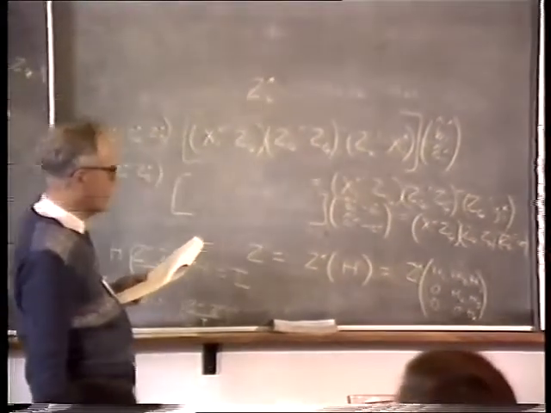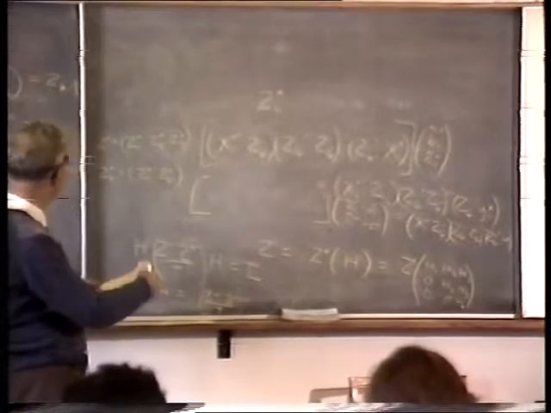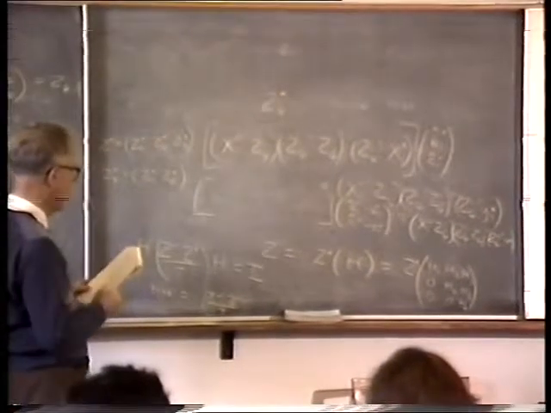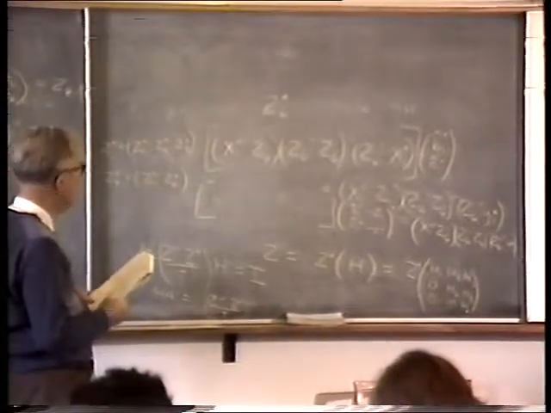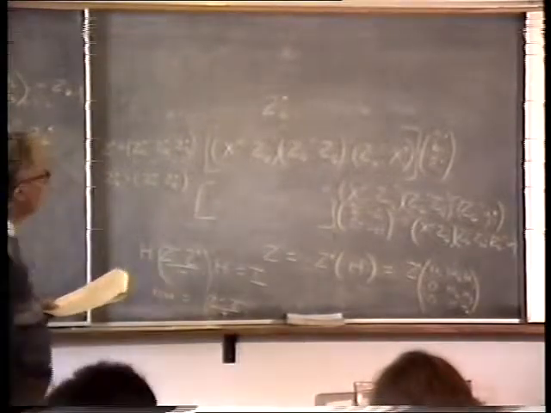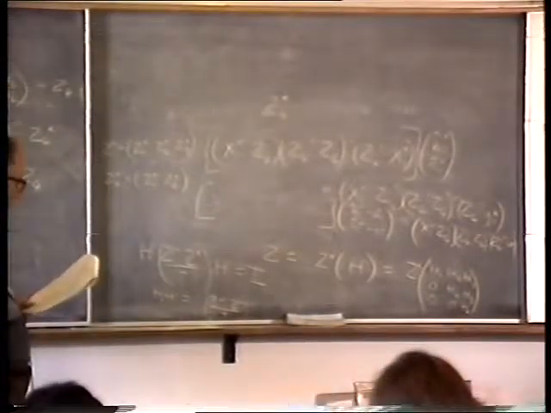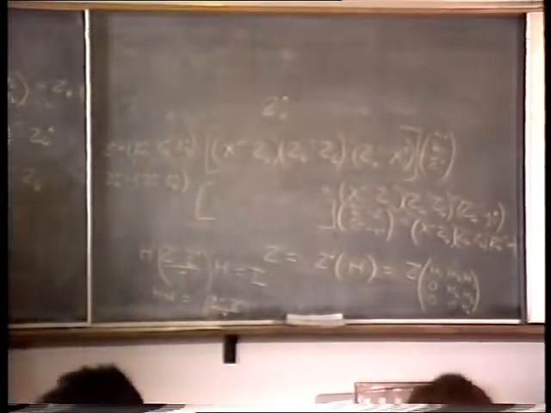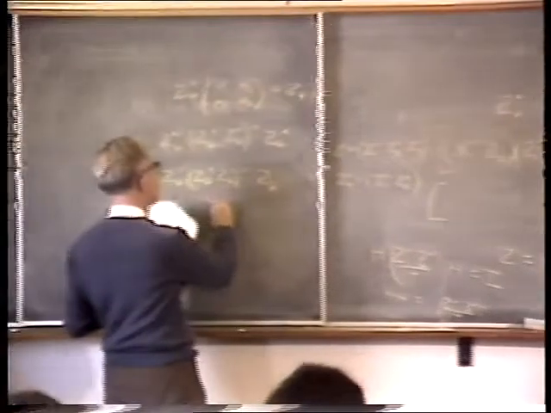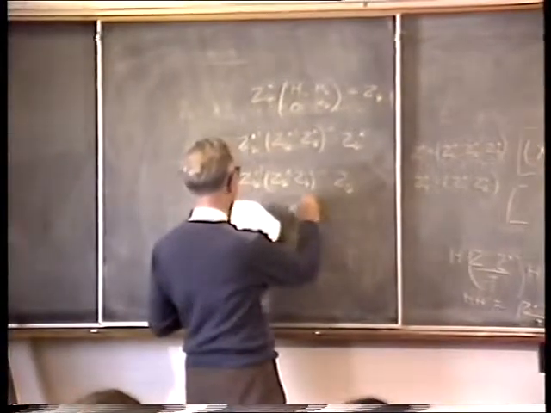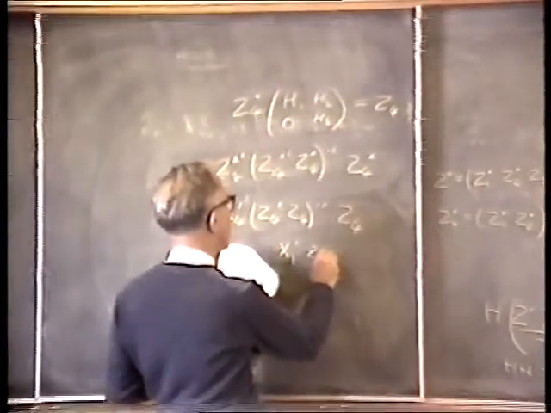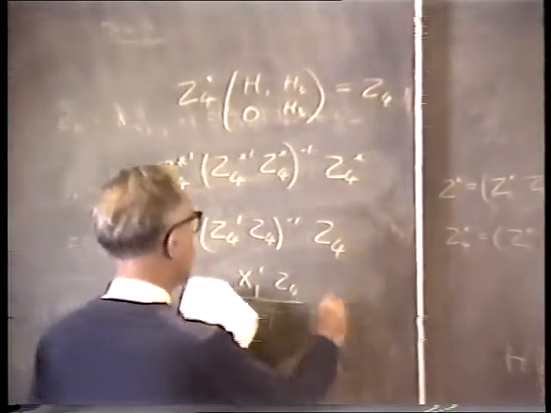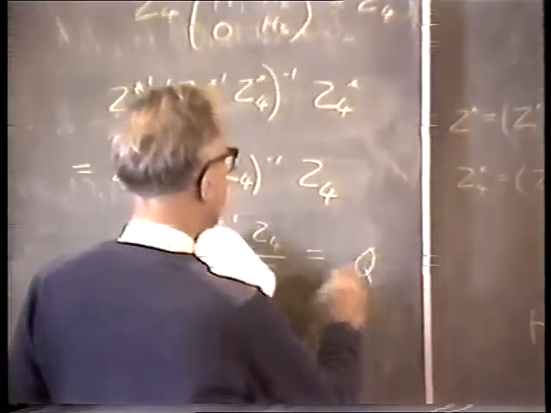What we now can introduce is a convenient notation. It's convenient, I think, to introduce some kind of notation like x1 prime z4 upon t is equal to q.